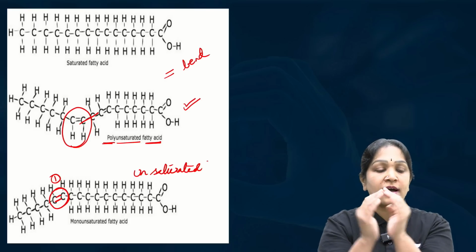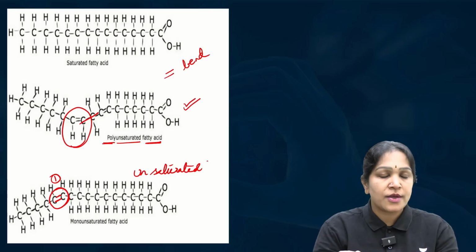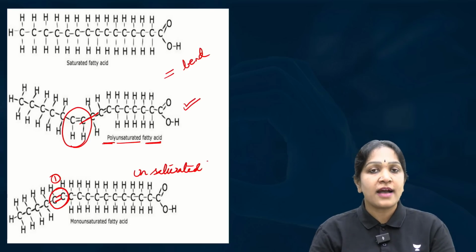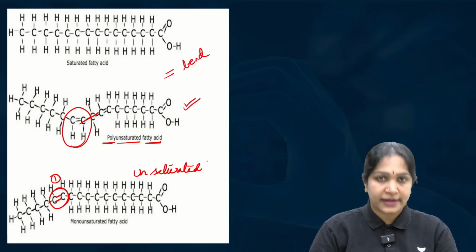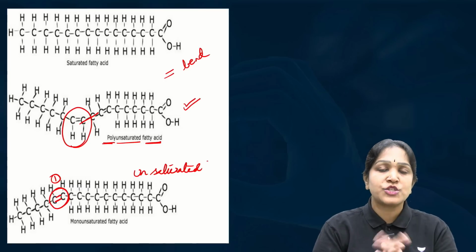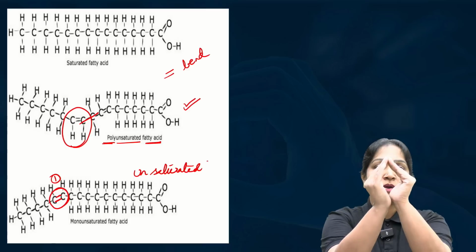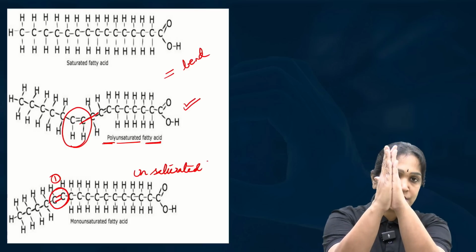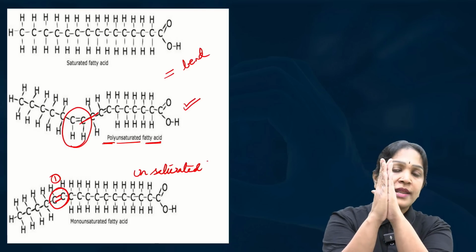Therefore, you need a very high temperature to melt this type of fat, or you also need a very high effort to digest it. It means it is difficult to digest the saturated fat. Whereas the unsaturated fat, because of its bended structure, not straight like this, is not properly organized.